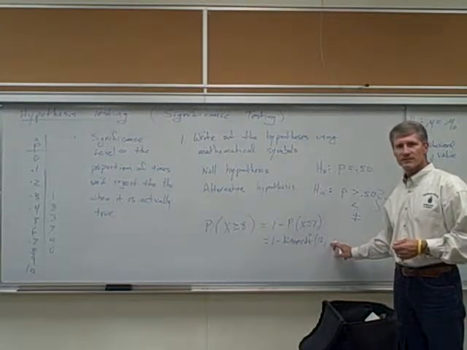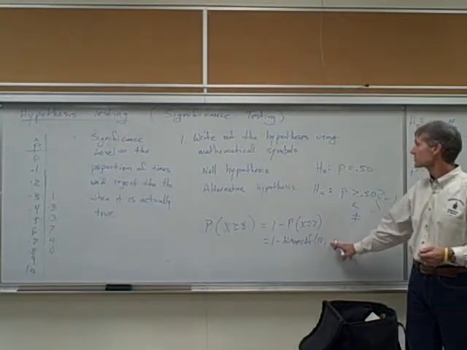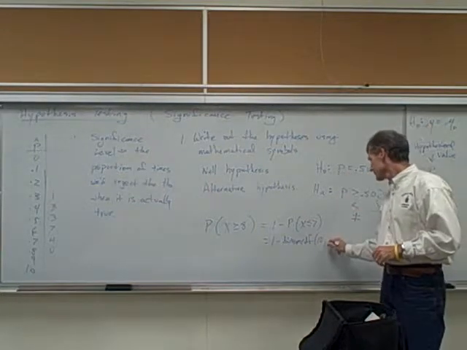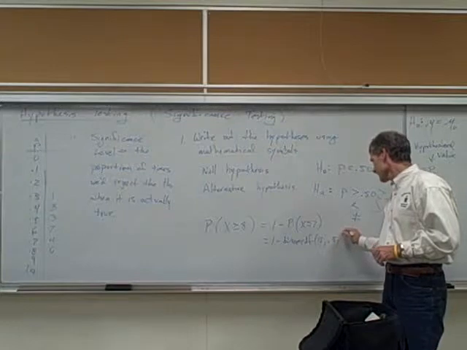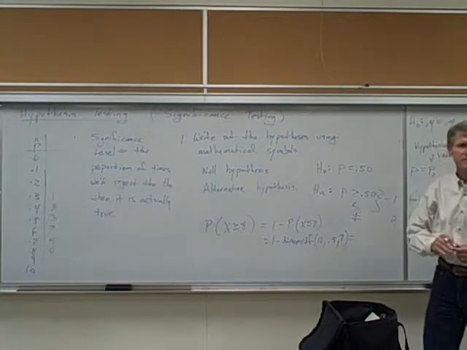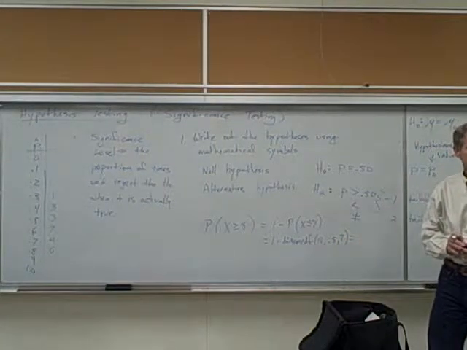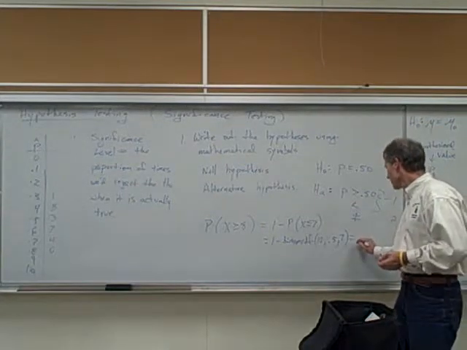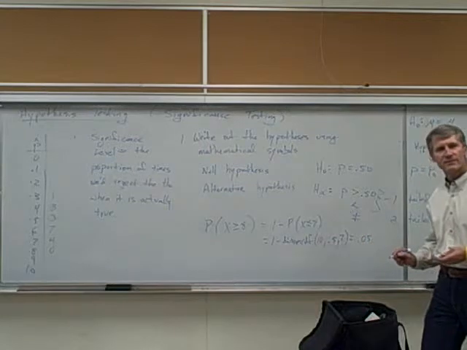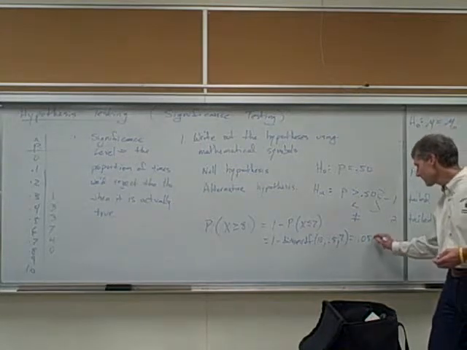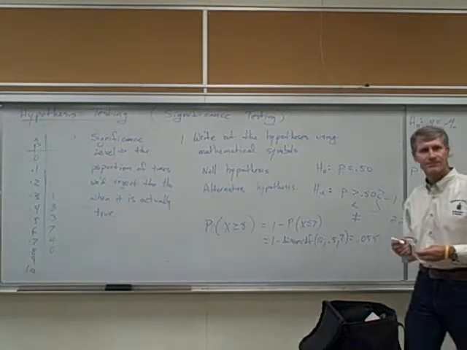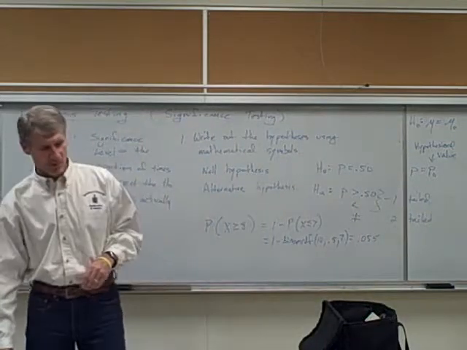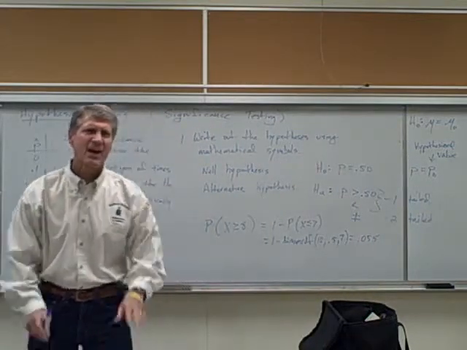What's p? Well, if the null hypothesis is true, p is 0.5. And then a 7. That's 0.055.